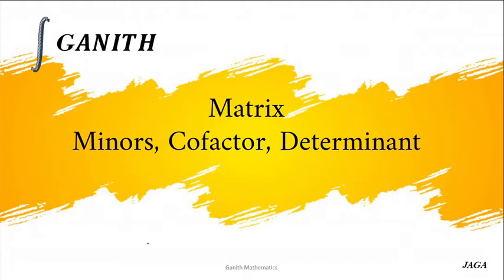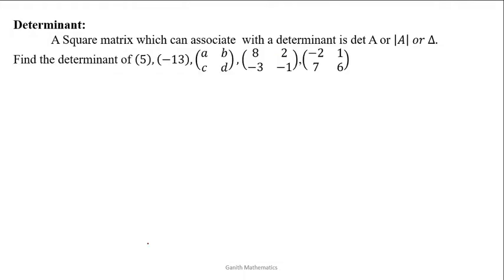So, first we'll learn how to find the determinant of a small matrix, that is a 2 by 2 matrix. A square matrix can be associated with a determinant, written as determinant A or modulus A or del. Find the determinant of the given matrices. If you want to find the determinant of a matrix, it must be a square matrix. What do you mean by a square matrix?